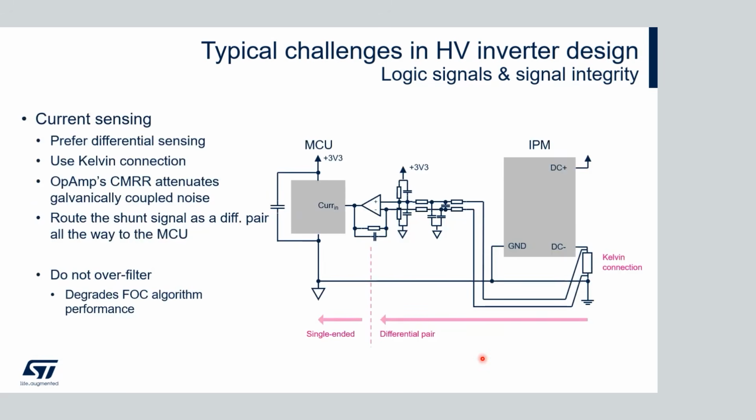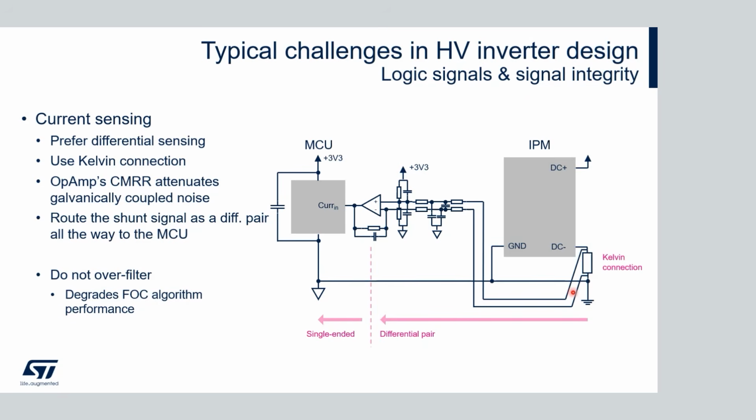When it comes to the current sensing, there are also a few things to keep in mind. It is good to prefer differential sensing because, in cooperation with the op-amp in a differential amplifier configuration, this attenuates the common mode noise that is coupled onto the two signals, so it doesn't get passed to the MCU. It is good to use Kelvin connection to remove the effect of the added resistance and inductance of the traces outside the shunt resistor.